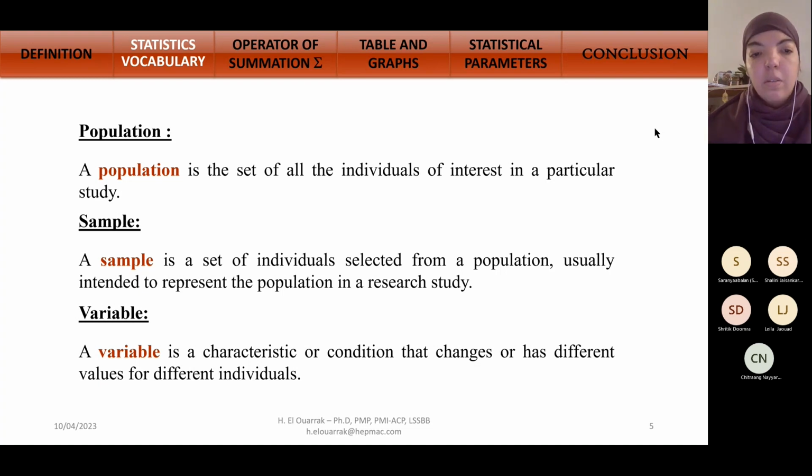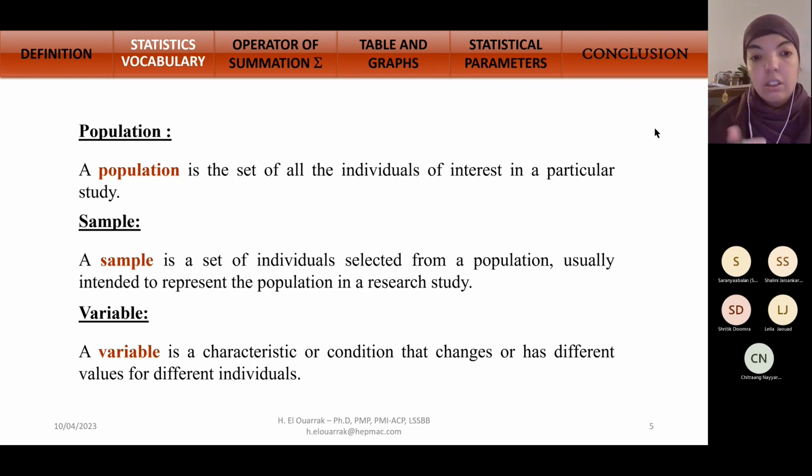Okay. Now, when we come to a sample, it's a number of individuals selected from the population. So from the manufacturing company, I can select a number of bottles that I will be testing, or from all the clients of a certain financial institution, we select several clients to ask on a survey, and those would be representative of the population.